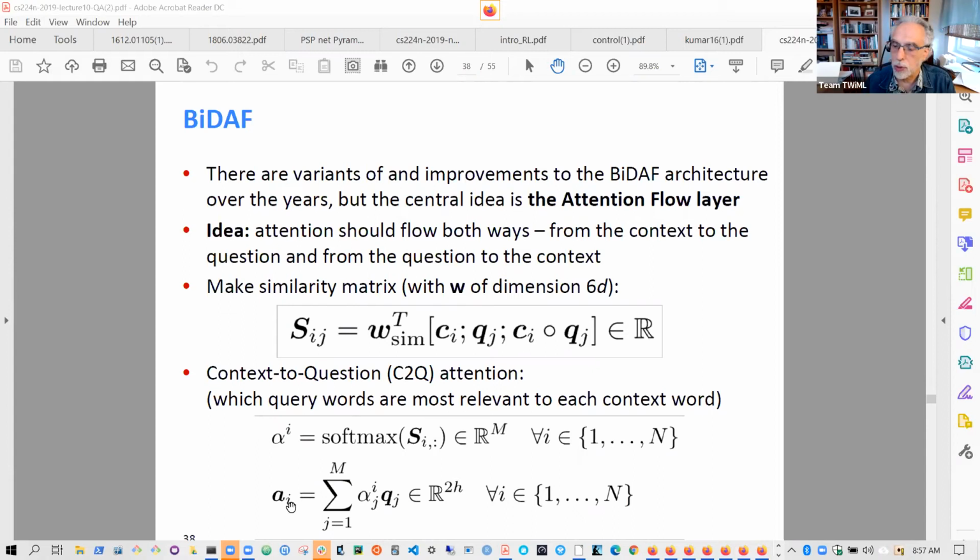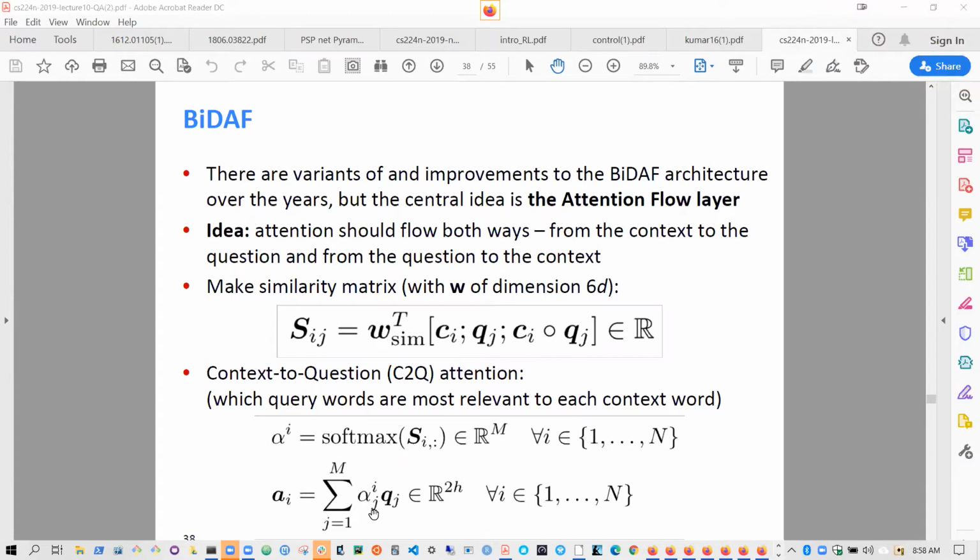For each passage word, or context, they mean the same thing, this alpha, A sub I, is an attention-weighted average over all the query words for that passage word. So it tells you how related that passage word is to all the query words.